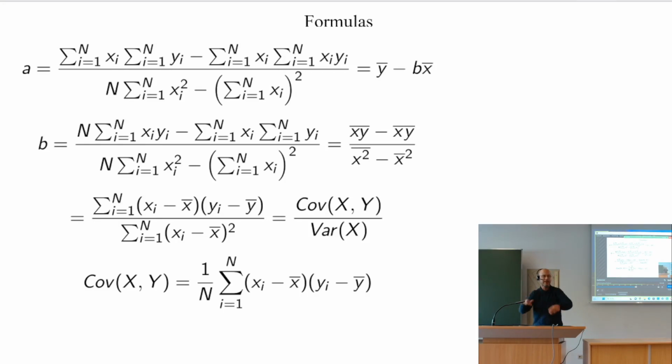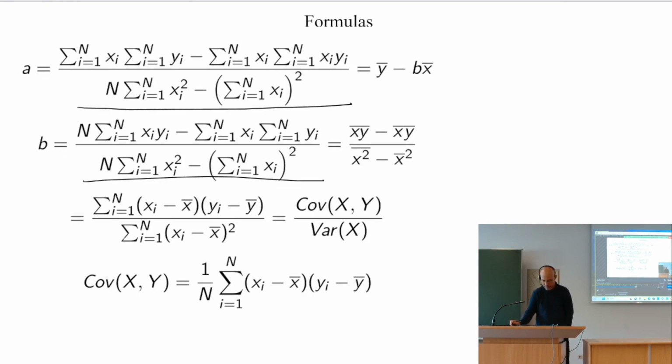If we set in our two conditions, we obtain this formula here for a, and this formula we obtain for b. And what we also know is that if we take the average of our data set of x and the average of our data set of y, then also this point is on our linear regression line.